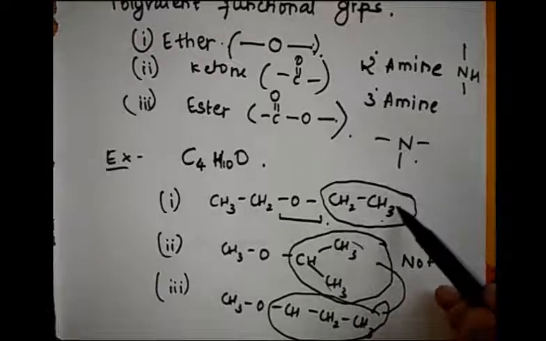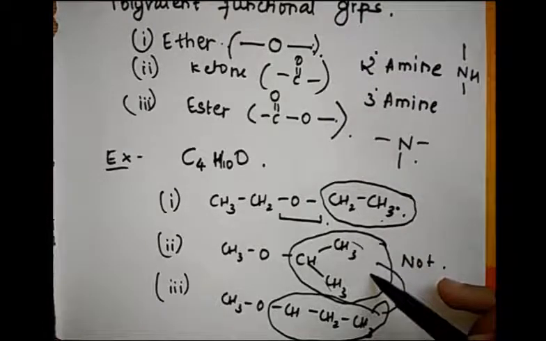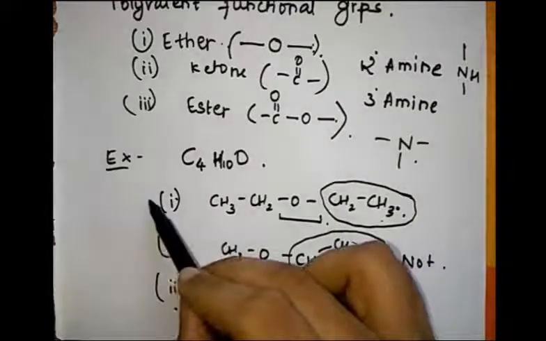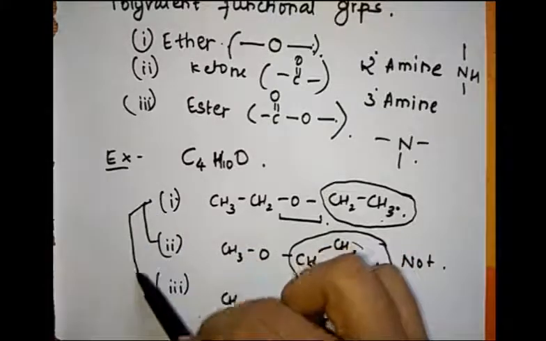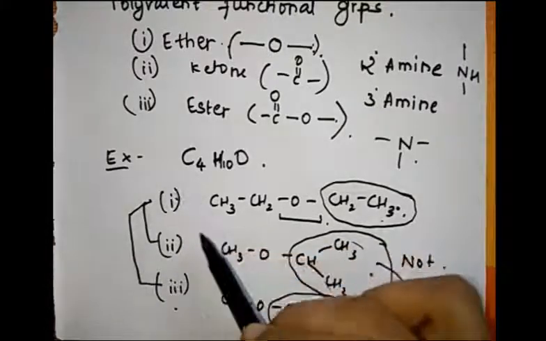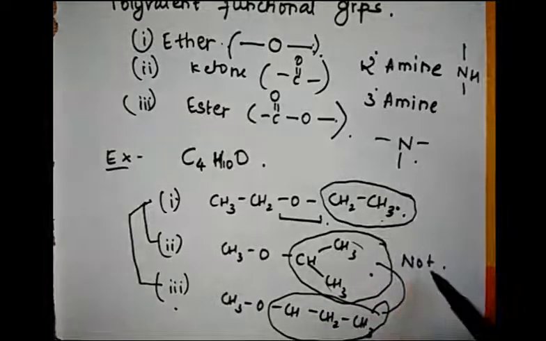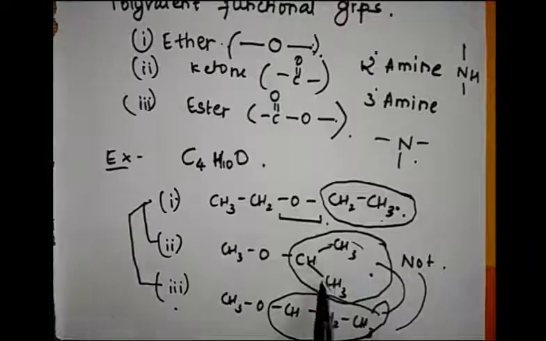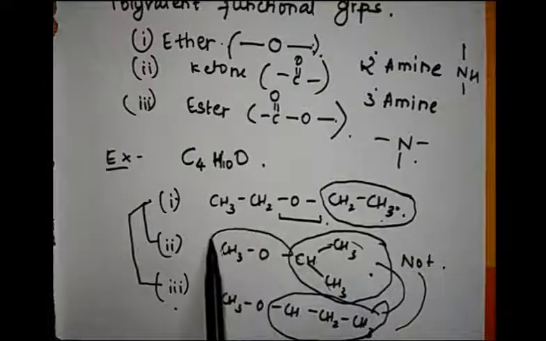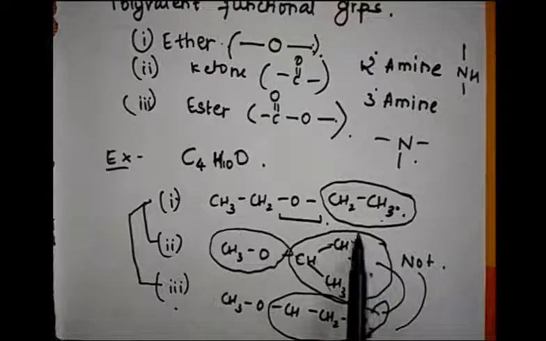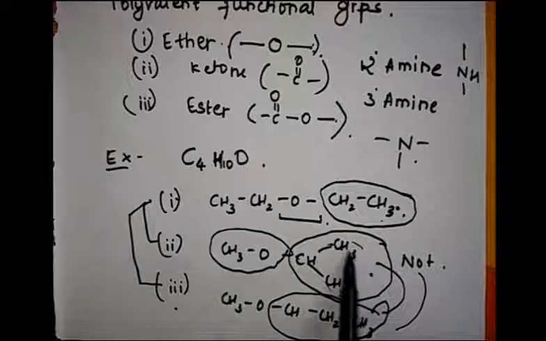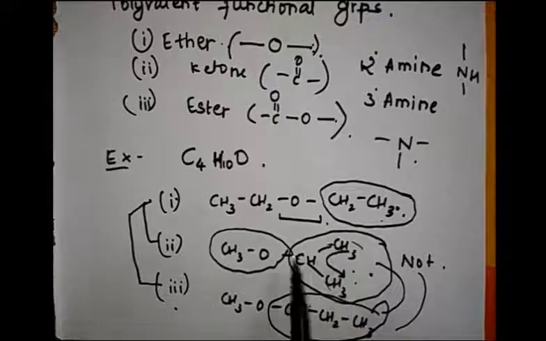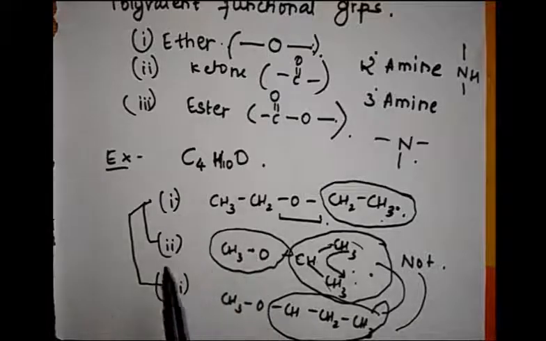So the first one and the second one, and first one and the third one, these both are metamers. But this second one and third one are not metamers, they are positional isomers, as the position of this group has changed if you consider this as the longest chain. So these both are positional isomers, not metamers.